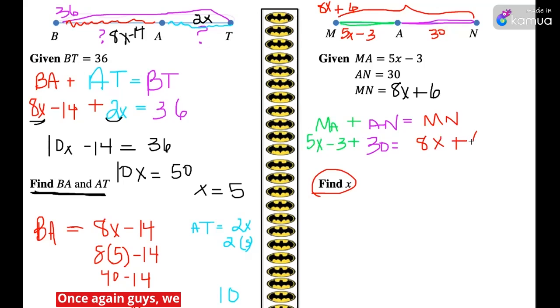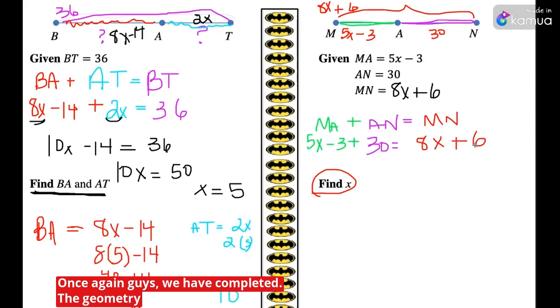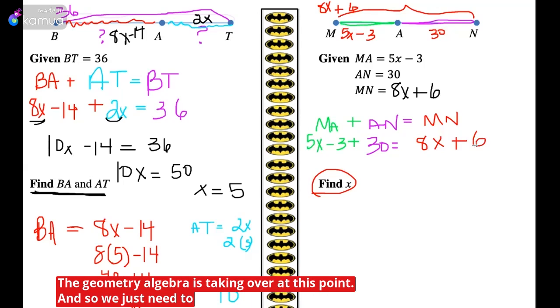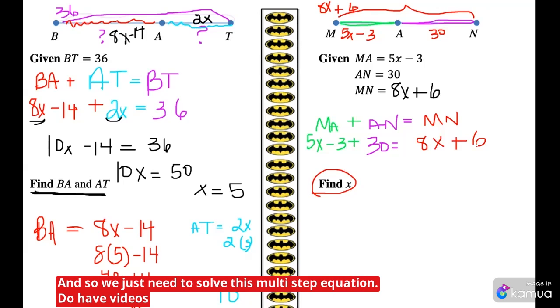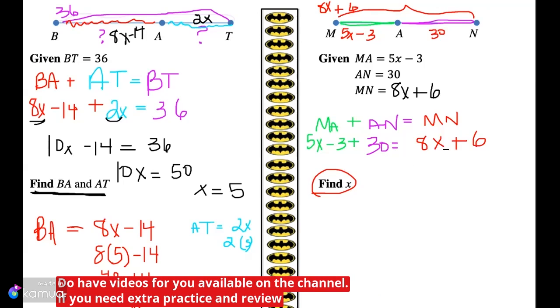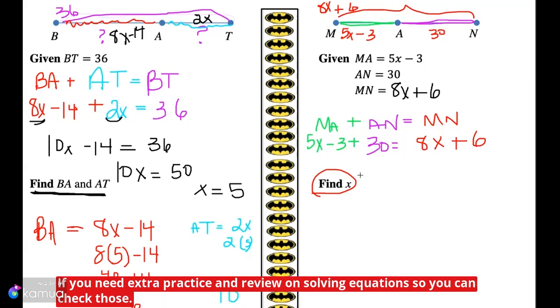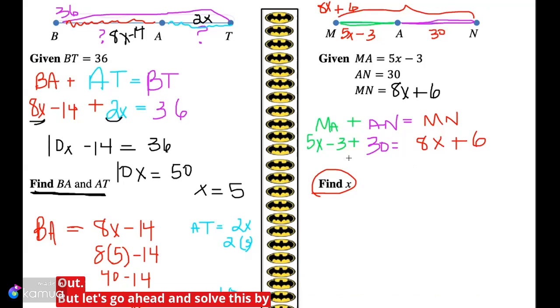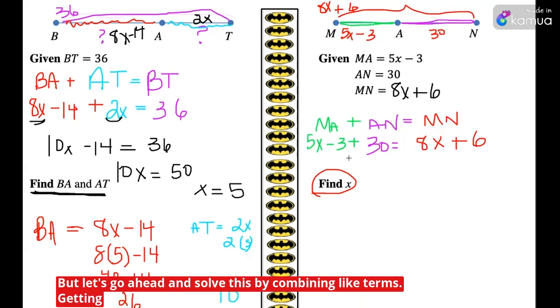Once again, guys, we have completed the geometry. Algebra is taking over at this point, and so we just need to solve this multi-step equation. Do have videos for you available on the channel if you need extra practice and review on solving equations, so you can check those out. But let's go ahead and solve this by combining like terms, getting each side completely simplified.